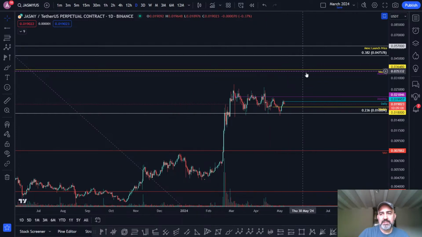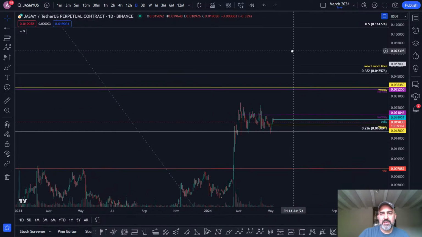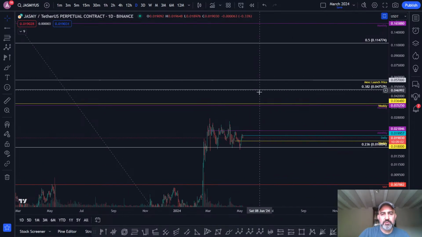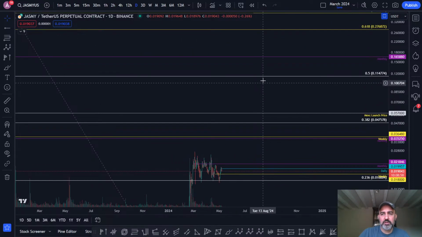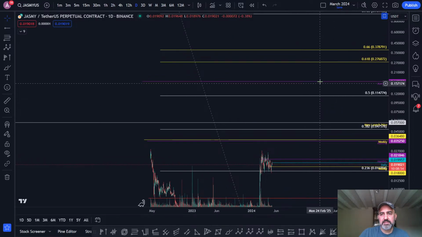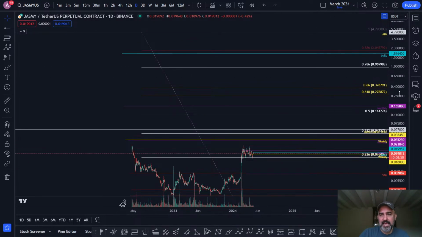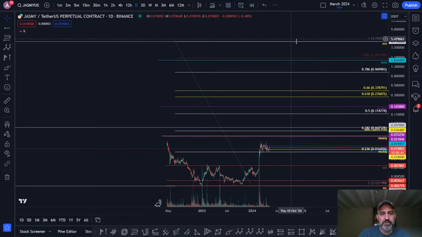And then obviously I think the MEXC launch price will probably act as resistance. So all of these levels have to be flipped. If you're looking to just take profit, any one of these levels are good places to take profit. The fibs are the best. These higher time frame fibs, 618, 786, 886. And actually the 886 is very close to a daily level. And then obviously you've got the all-time high.